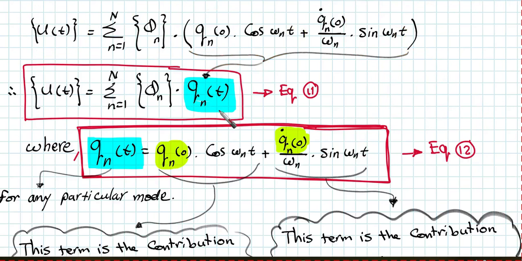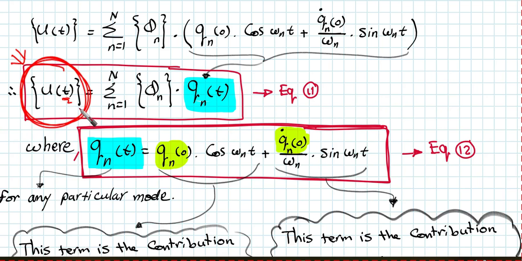Let's clean everything to make it clearer for us. Okay, so now, and this is equation, we're going to call it equation 11. So now the response we are seeking, again, do not lose the guidance here. Our compass is that u of t is the response. This is the solution of the equation. We want to know what is the displacement at different times for each degree of freedom.